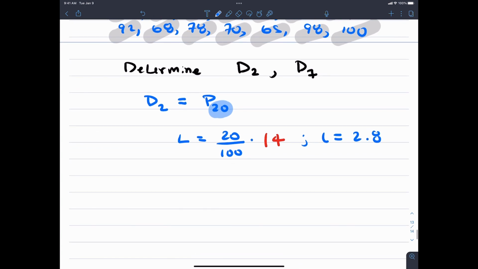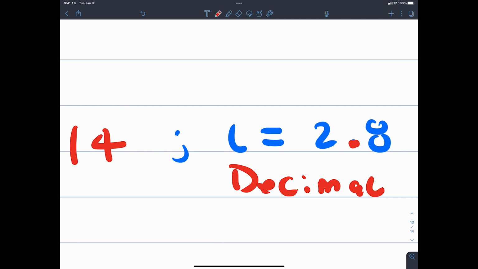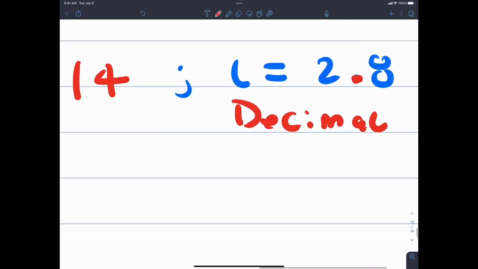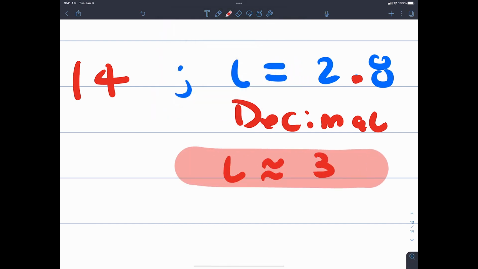What do we know about 2.8? It's a what? Is that a decimal? What do you do when it's a decimal? You round up to the next whole number. This is now what? 3.